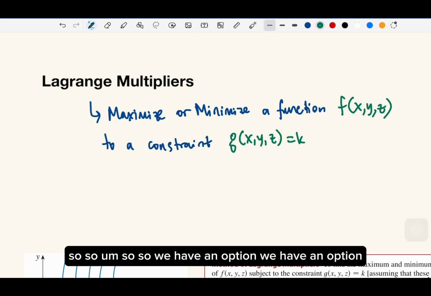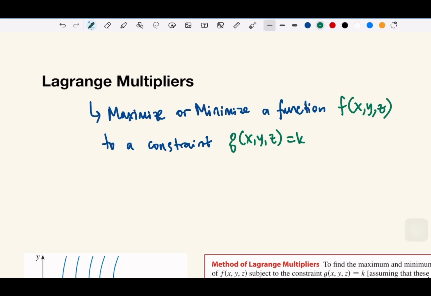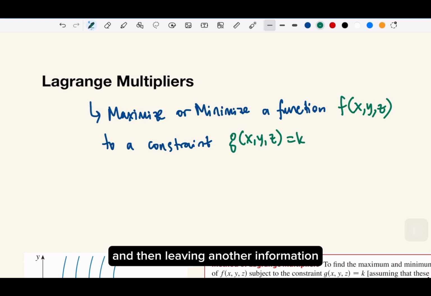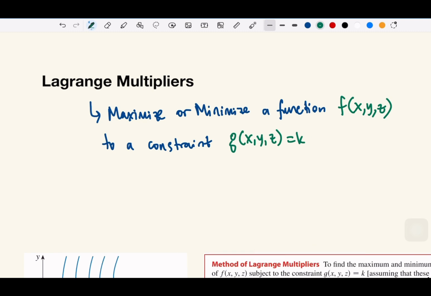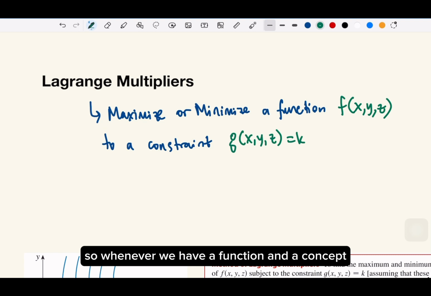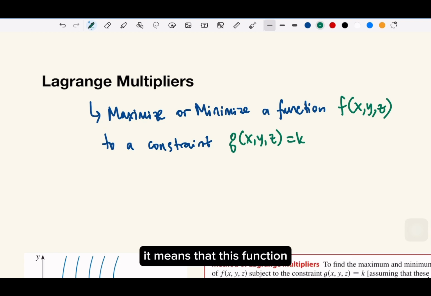We have a function f, and in another piece of information, we have another function equal to a constant, like this one. Whenever we have a function and a constant, it means that this function will be limited by this number, right?